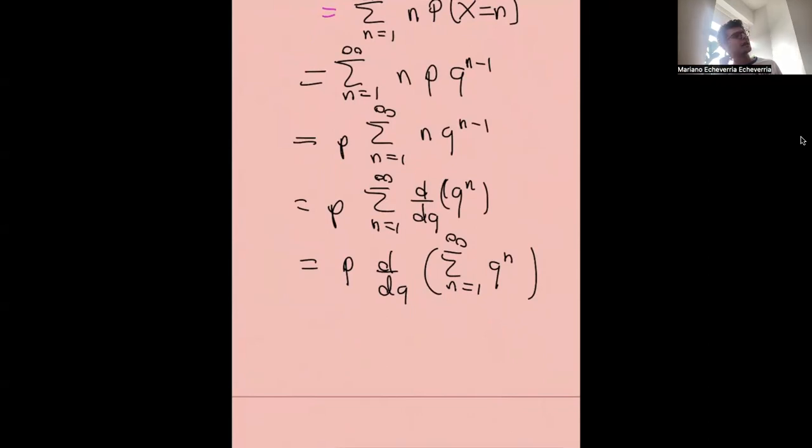So I don't seem to be doing anything too stupid here. But since this one starts at 1, this gives you Q over 1 minus Q. Is that the derivative in this case? Because it started at 1, right? So I think that should be correct.